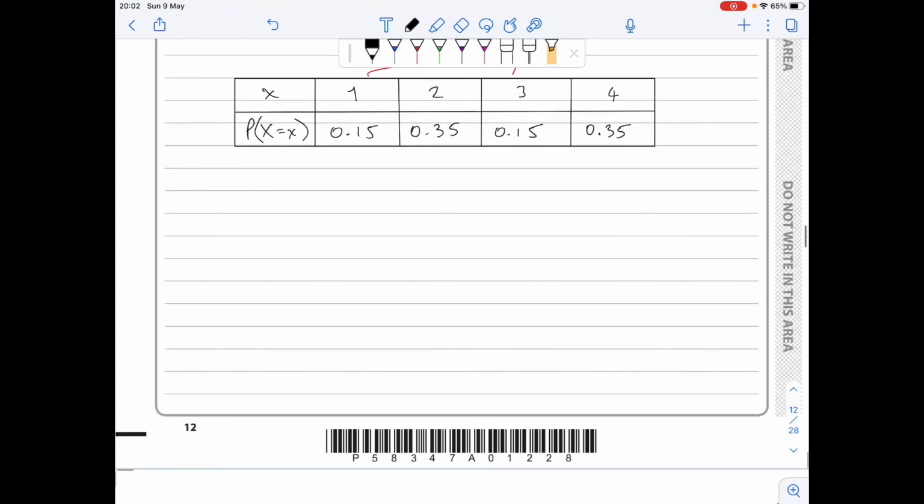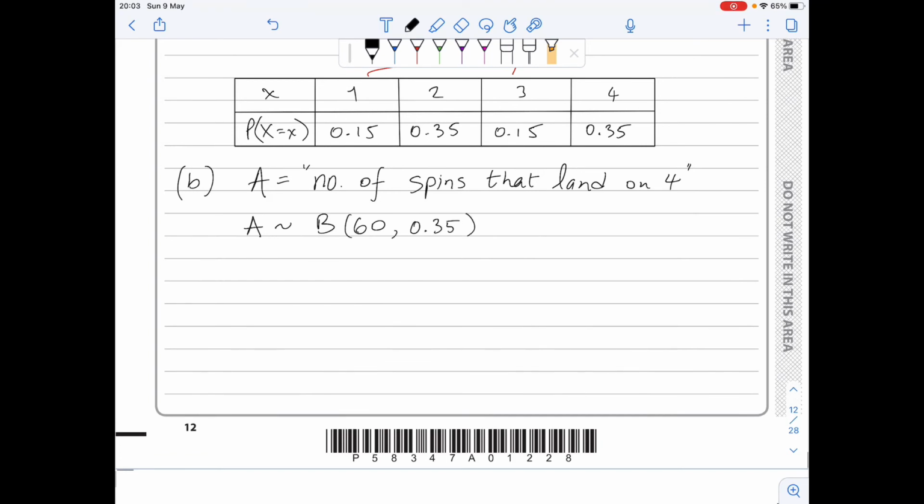In part B, I will define my variable a, or any other letter. I'm avoiding using x because I've used it above. And this is equal to the number of spins that land on 4. And a follows binomial 60, 0.35.